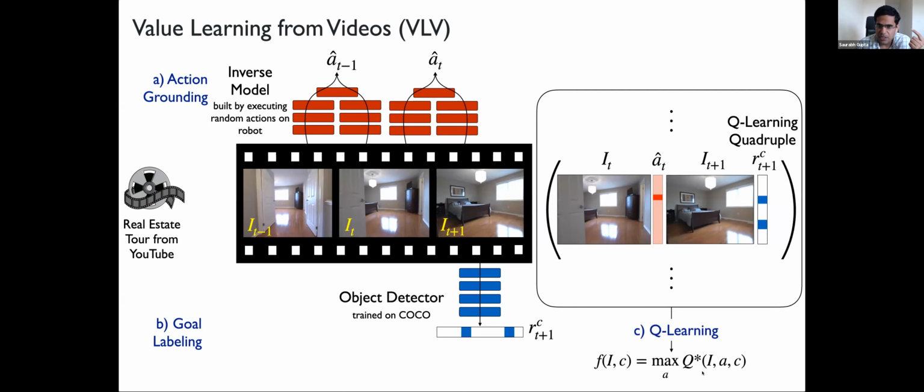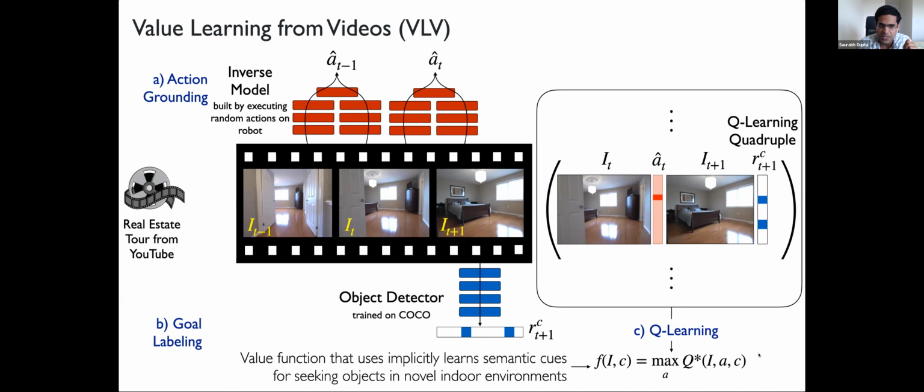It will give me a Q function, which, given the current image and the action that the robot wants to take right now, where C is the object class that this agent is looking for, I get this Q function. I take a max over A, and that gives me this function Fi, C, a value function that implicitly learns semantic cues for seeking objects in novel environments.